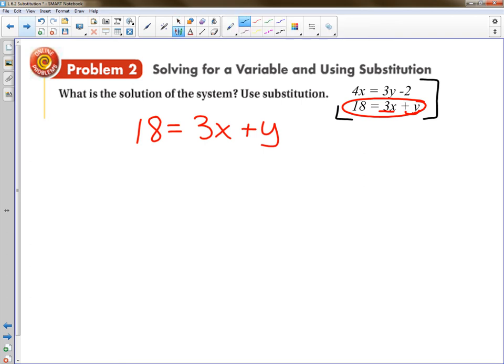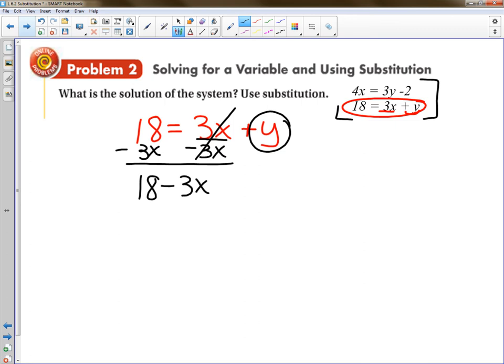Well, in this equation, y plus 3x equals 18, I can solve for y by getting rid of the 3x. And the way that I get rid of this 3x, since it's being added to the y, is to subtract 3x from both sides. Once I've done that, the 3x's on the right-hand side go away, and I am left with 18 minus 3x equals y.